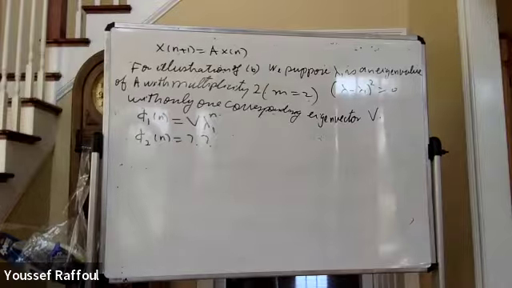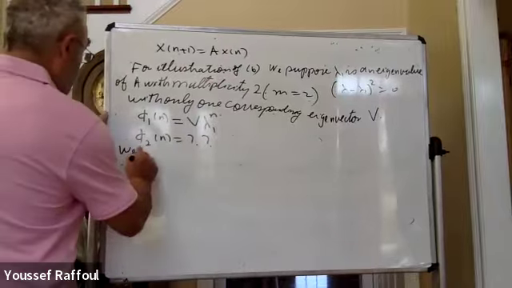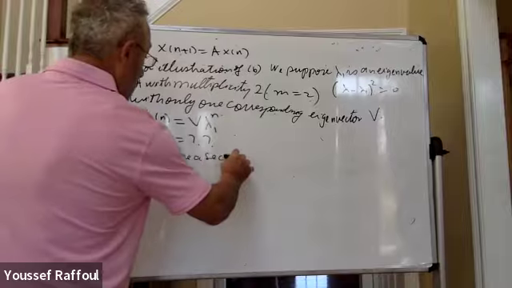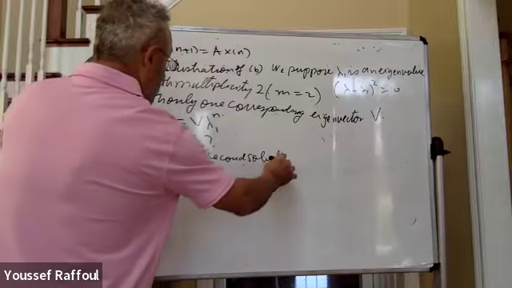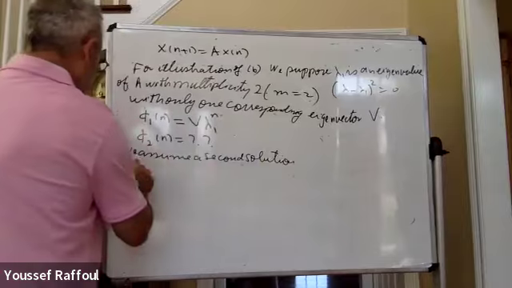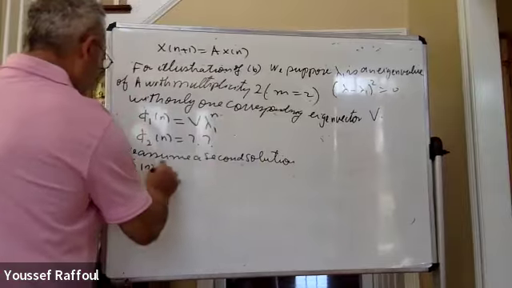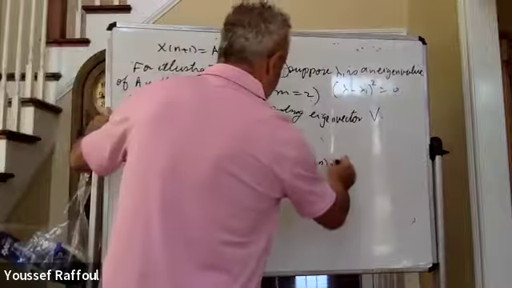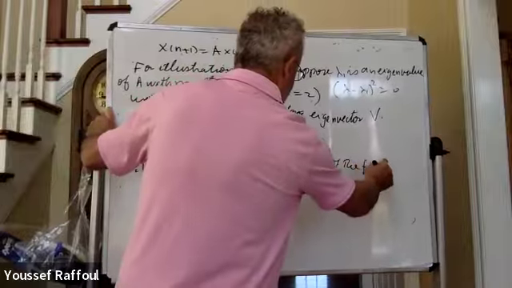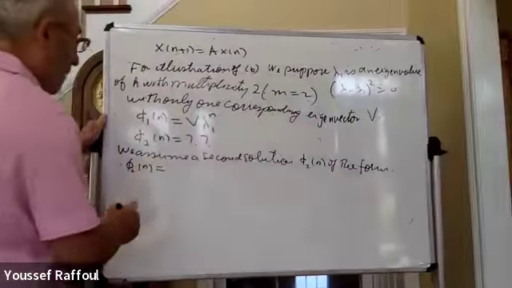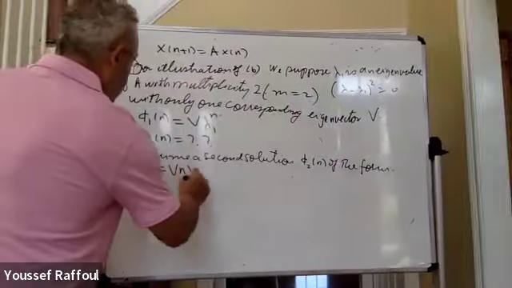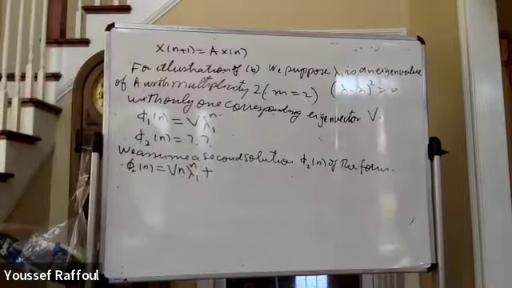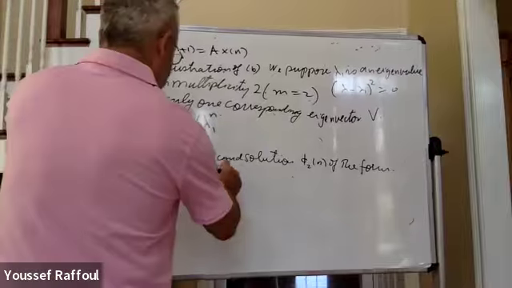So we assume a second solution phi 2 of n of the form phi 2 of n equals V n lambda 1 to the n plus a P lambda 1 to the n.